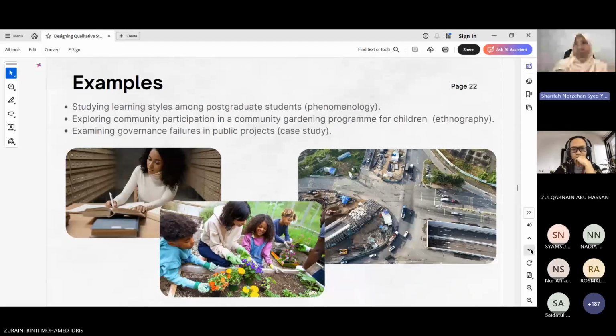So we got it from maybe some friends who work in the government audit department, and after that we all got a letter from the Auditor General telling us not to use that particular report for our study. It's confidential. So that's where you may face problems in getting your data.